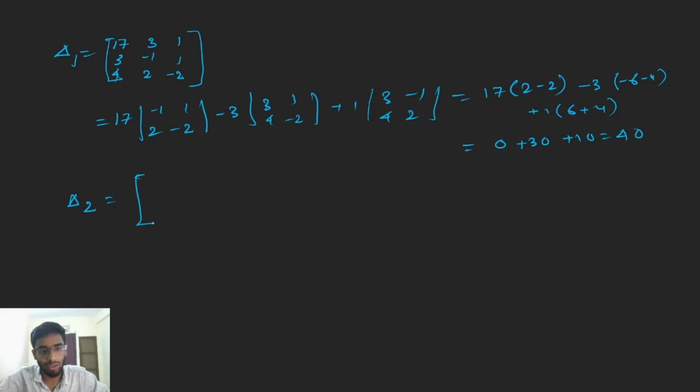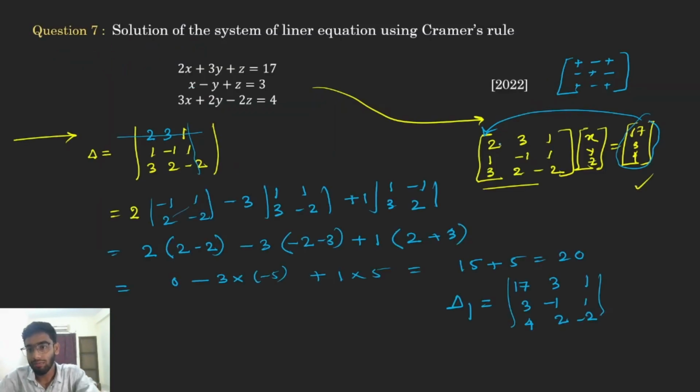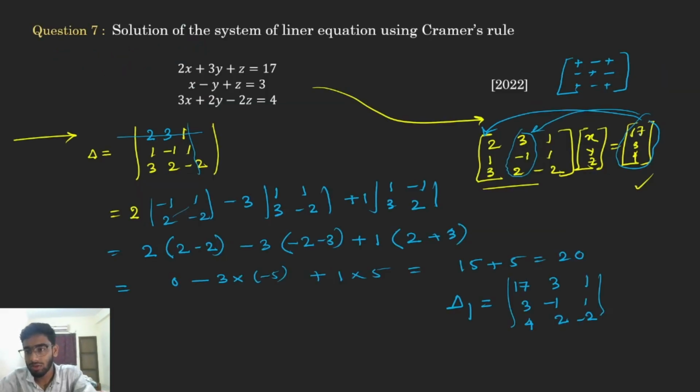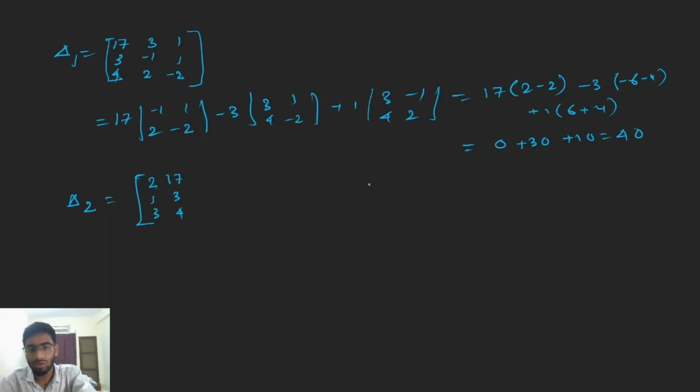Del 2 is nothing but if you replace in that matrix just the second column by this one. Okay, so 2, 1, 3 will remain the same, then the second column will be 17, 3, 4, then 1, 1 minus 2.